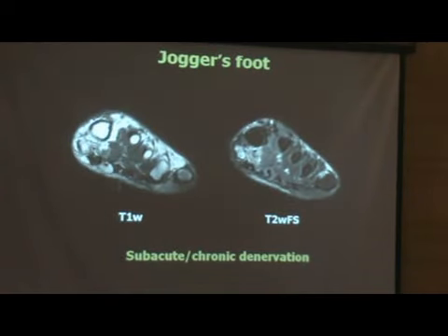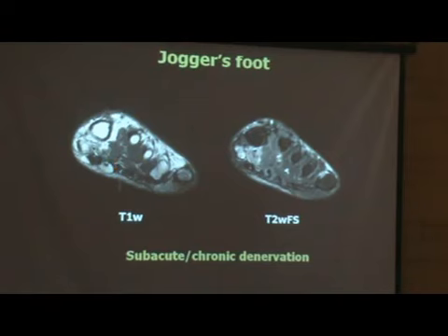This is another example, but the chronic one you can see here on this T1 coronal sequence without fat suppression. We have already a lot of atrophy going on in these muscles. So he's losing muscle. This is a chronic stage of denervation, including the abductor hallucis muscle, the flexor hallucis brevis, as well as the first lumbrical.